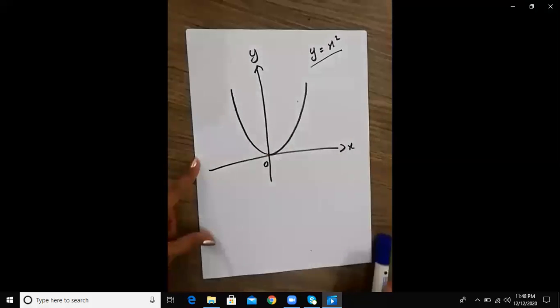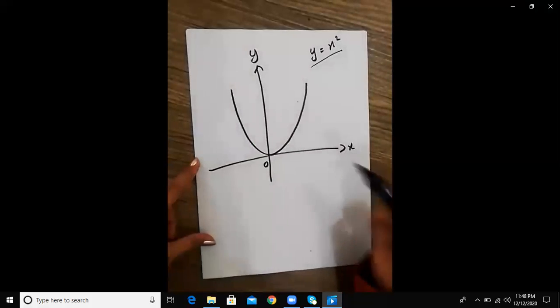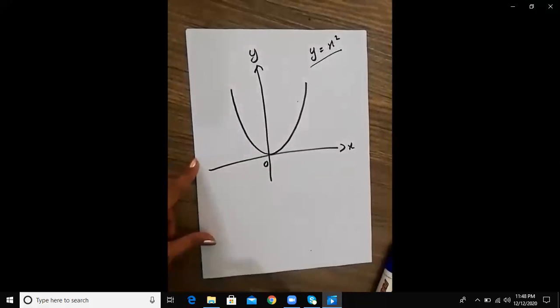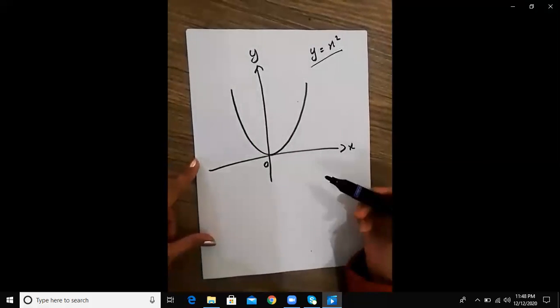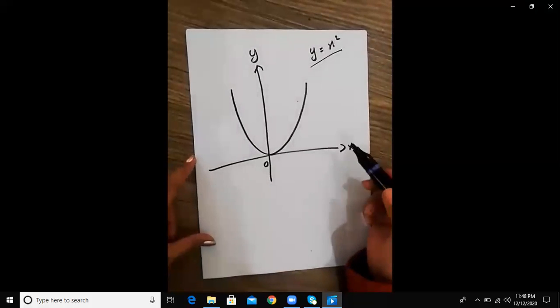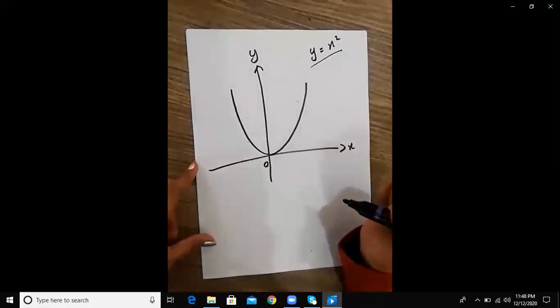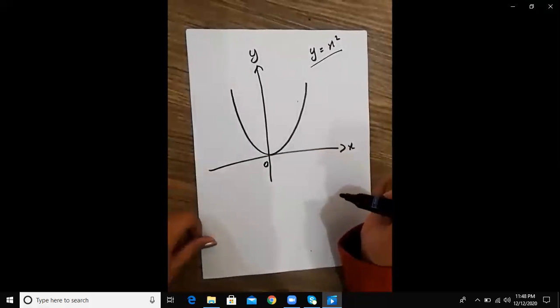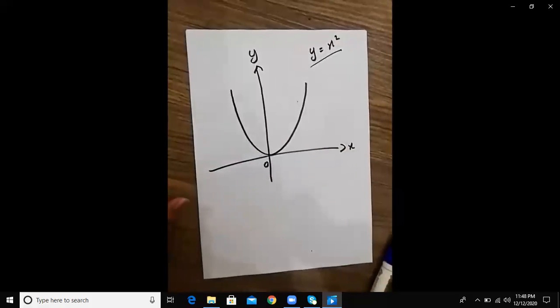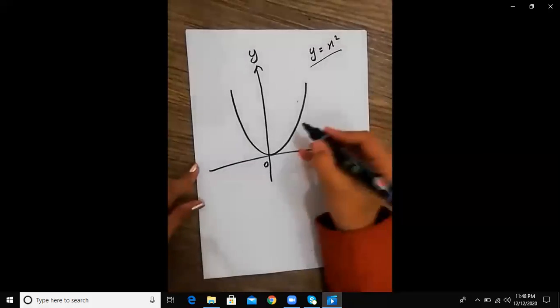Now, how can we figure out the slope of this curve, as the slope keeps on changing along the entire curve? This is not a straight line, this is a curved line. Therefore the slope keeps on changing on the entire curve. So how can we find the slope of this curve?